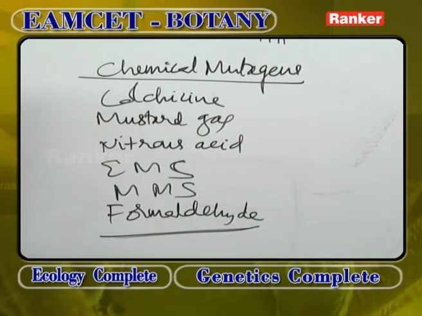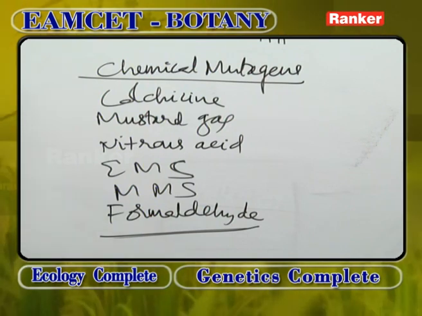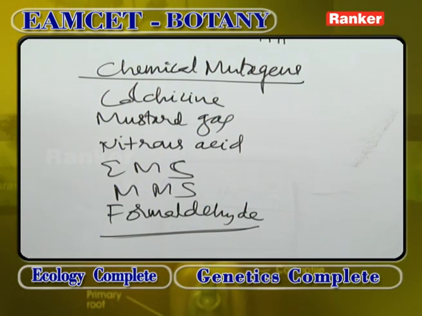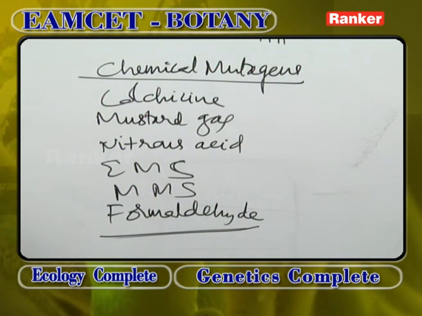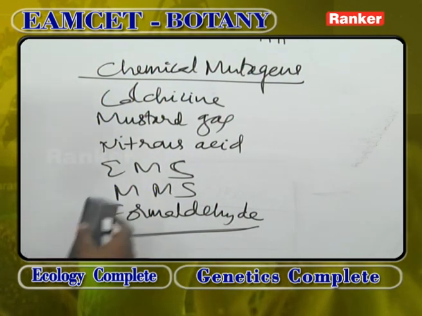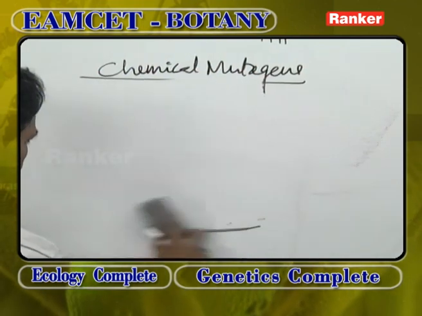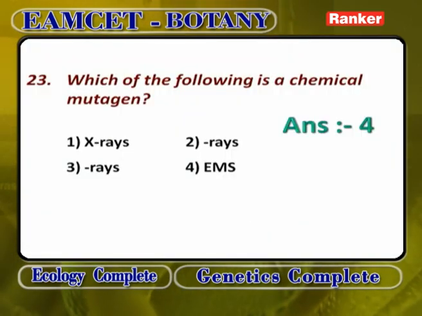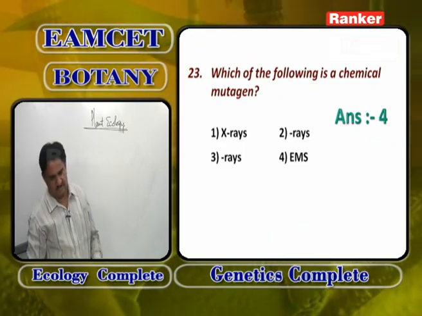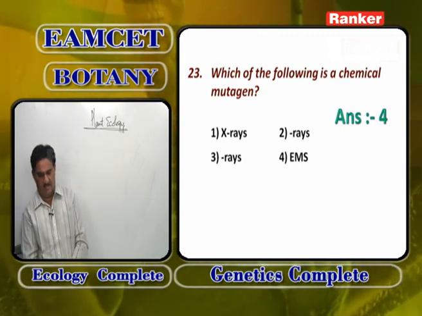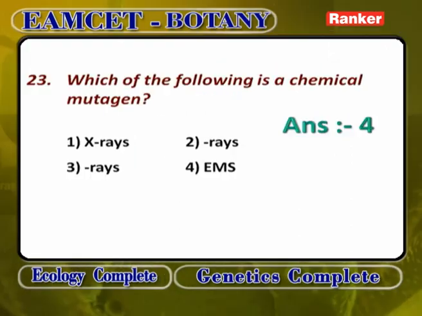These are some of the chemical mutagens which induce mutations. So here the chemical mutagen given is EMS, ethyl methane sulfonate.